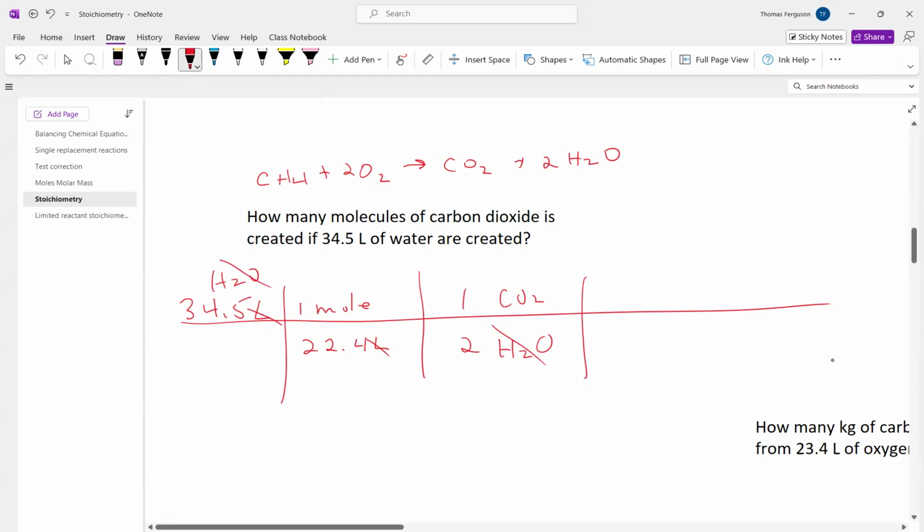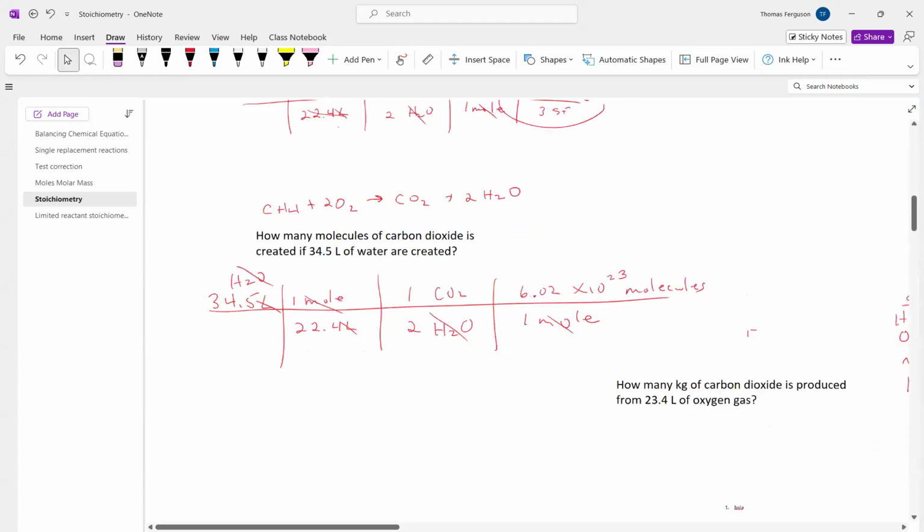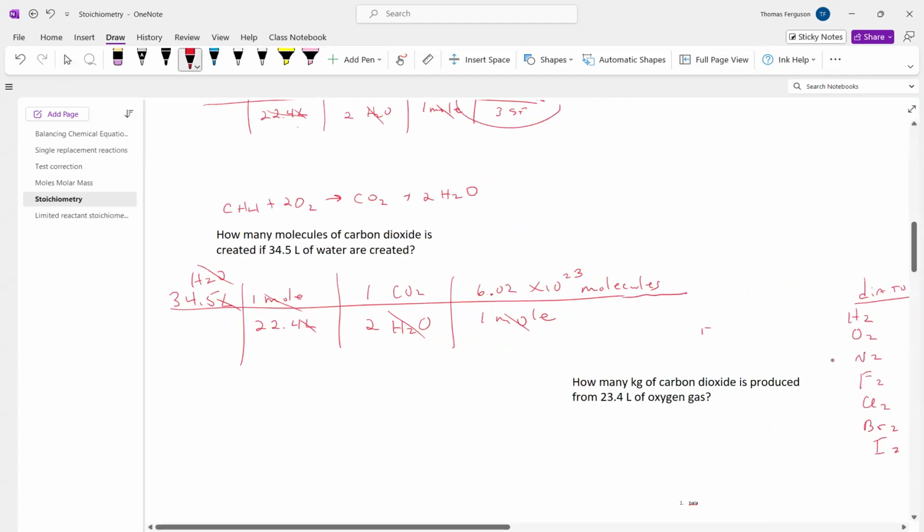We want to go to how many molecules of carbon dioxide, Avogadro's number. Okay, first step, convert to moles. Second step, coefficient ratio from the balanced equation. Last step is convert to what's calculated from moles.